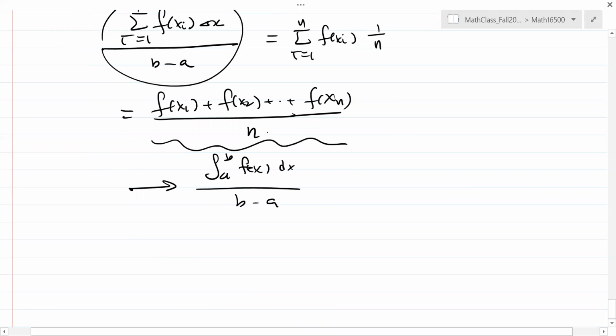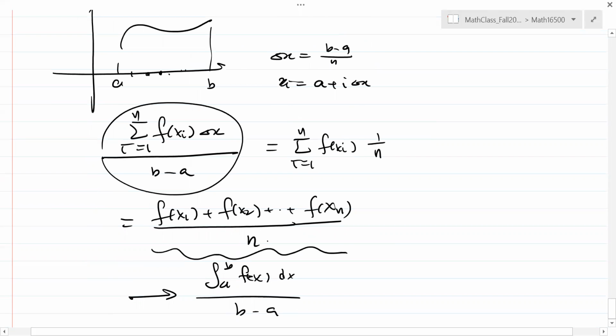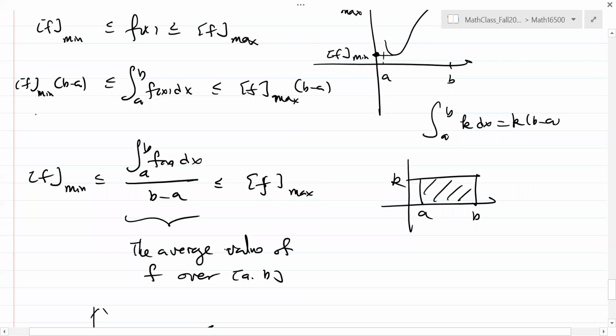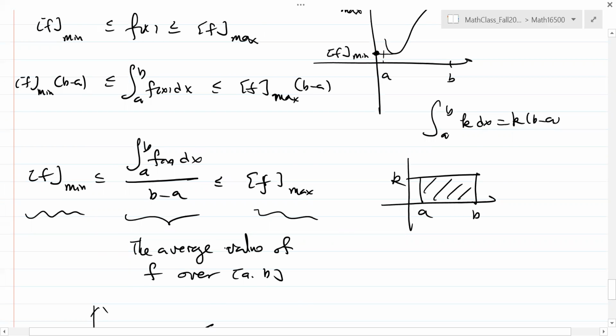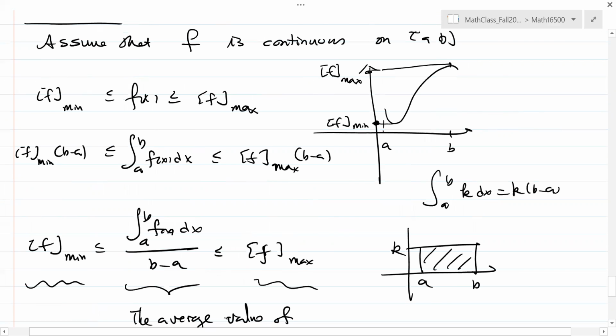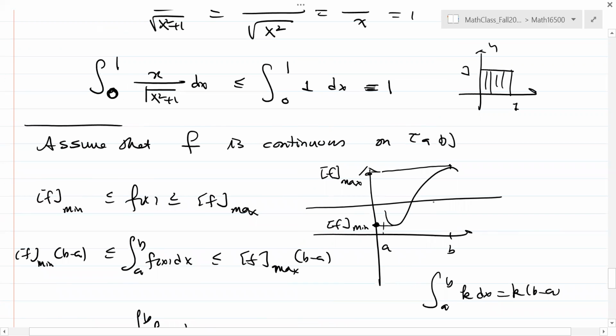We know that the average value is between the maximum value and minimum value. Common sense, but we already proved that the average value is between the minimum value and the maximum value. So for this number, the average value of the function, it is somewhere between the minimum and maximum.